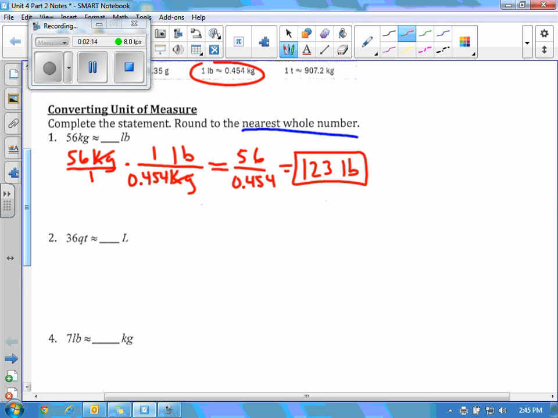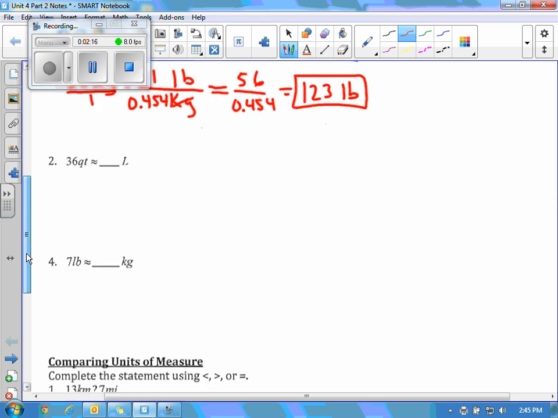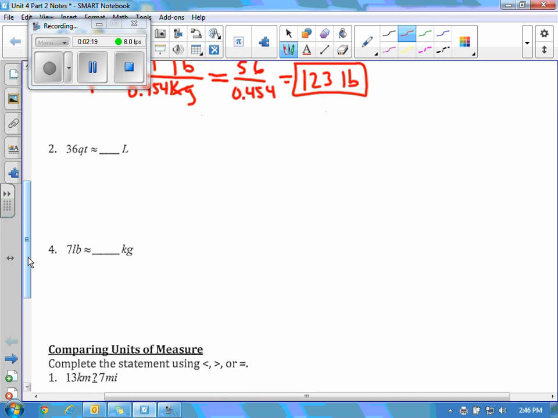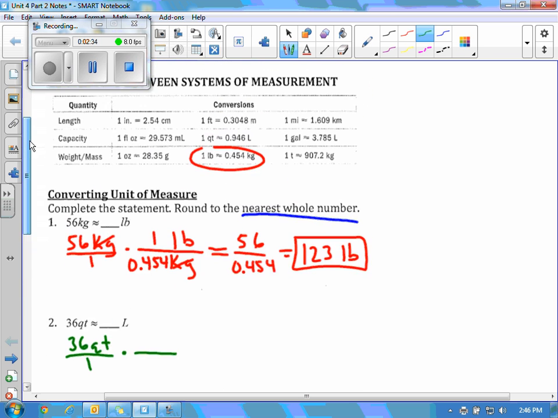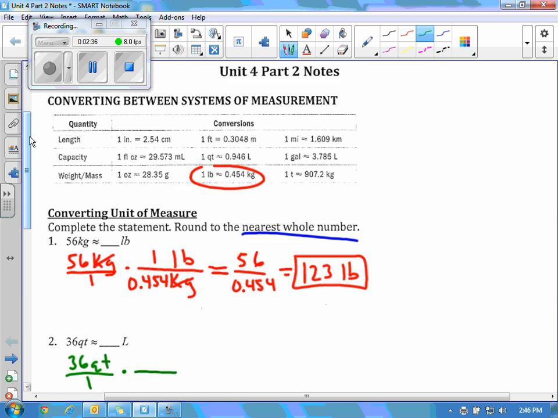Let's look at another example. For number 2, we're going from 36 quarts to liters. Again, I start by writing my first amount, which in this case is 36 quarts. I'm going to put that over 1, and then it's just multiplying fractions from there. I'm looking for a conversion from quarts to liters, which I find right there.